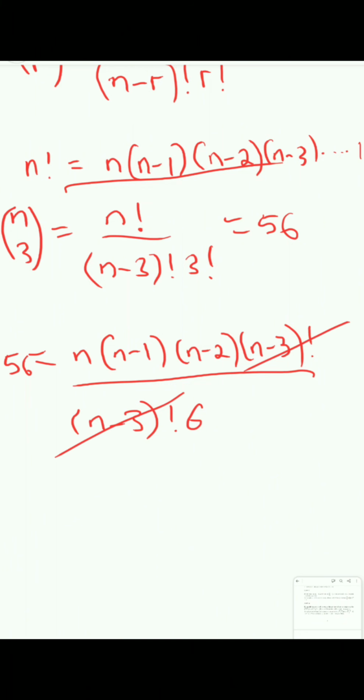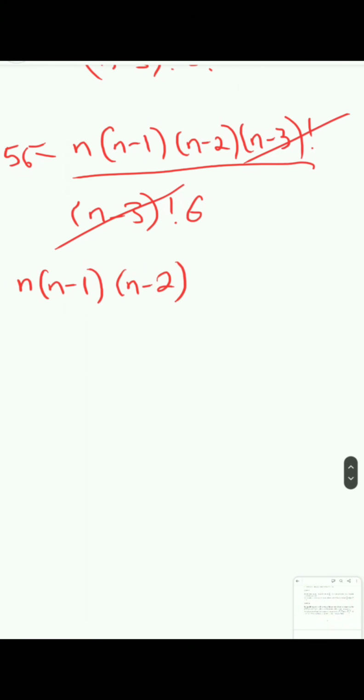Now the n minus 3 factorial on top and at the bottom will cancel, leaving us with n times n minus 1 times n minus 2, divided by 6, to be equal to 56. Now what we do next is simply cross multiplication.